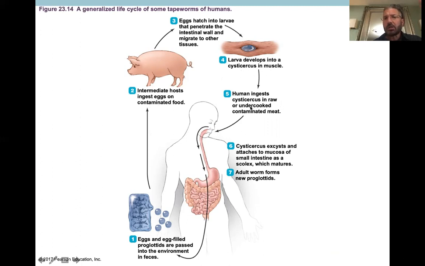Humans consume this in undercooked contaminated meat. It gets in our digestive system and can circulate. But like I said, with pork tapeworms, once they're in the digestive system, they can actually leave and migrate.